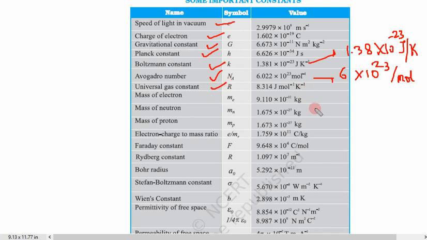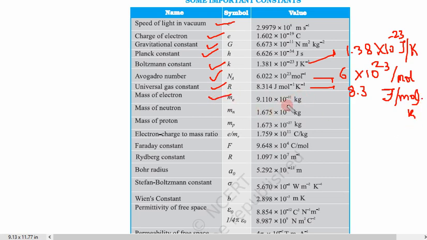Gas constant, let us write it simply as well: 8.3, there is no power in this gas constant, joule per mole per Kelvin.